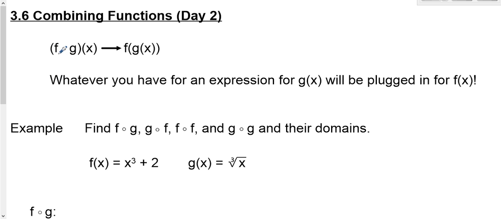We are looking at this interesting notation where we have f and g as functions with this little circle in between. And what that really is saying is f of g of x.